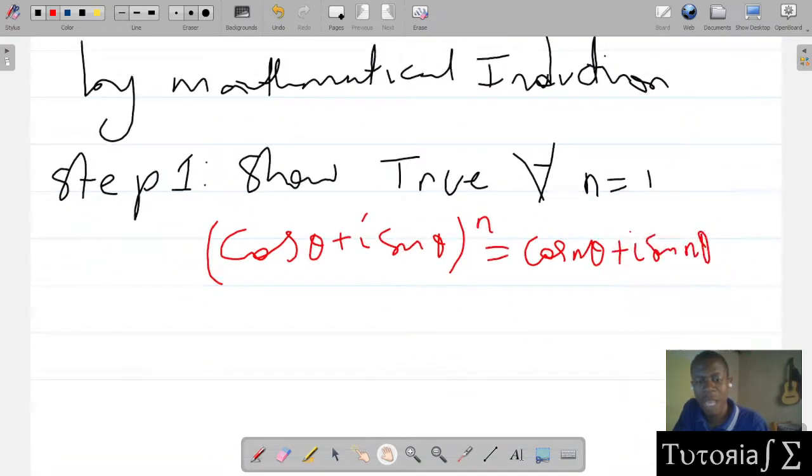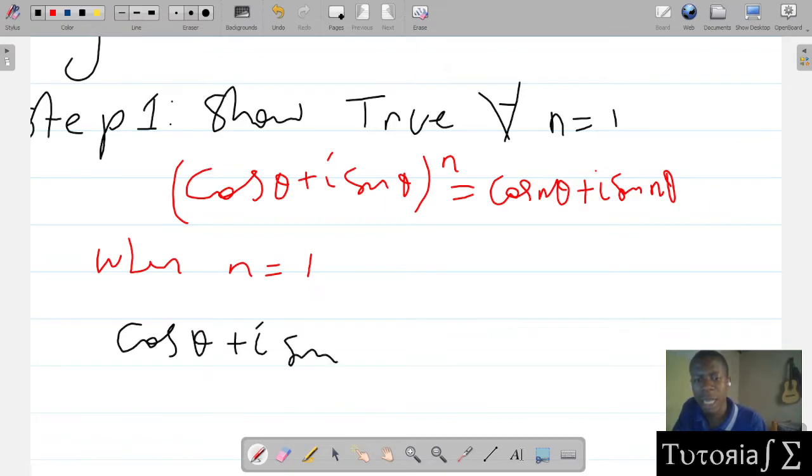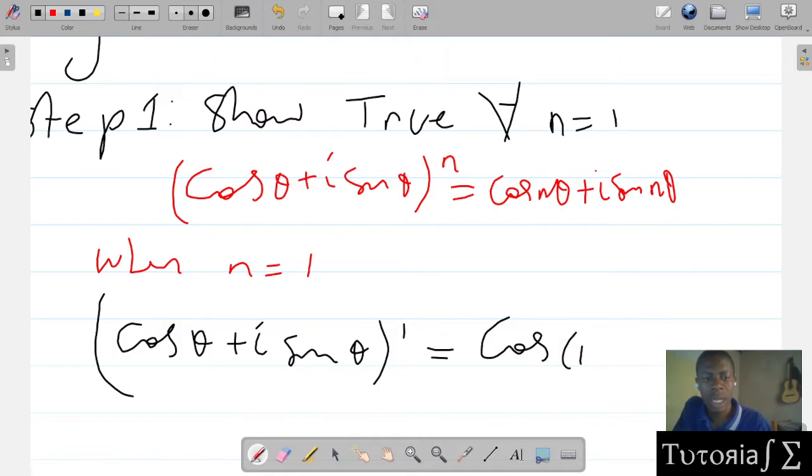Now, will the statement be true when n is equal to 1? When n is equal to 1, we're going to have cos theta plus I sine theta raised to the power 1 equal to cos 1 times theta plus I sine 1 times theta.